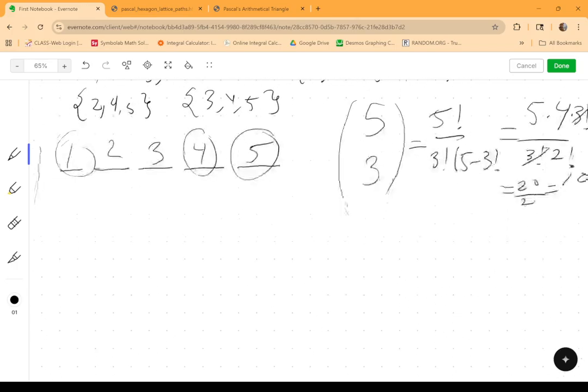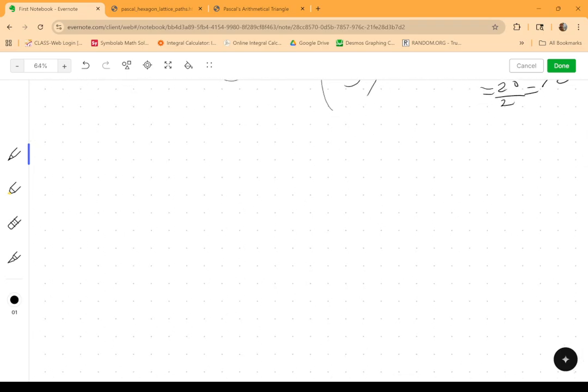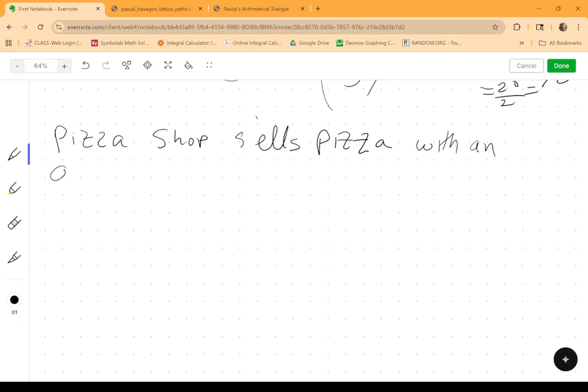Now, to wrap this section up, another problem we can think of is, let's say we have a pizza shop that sells pizza with an option of 8 different toppings.